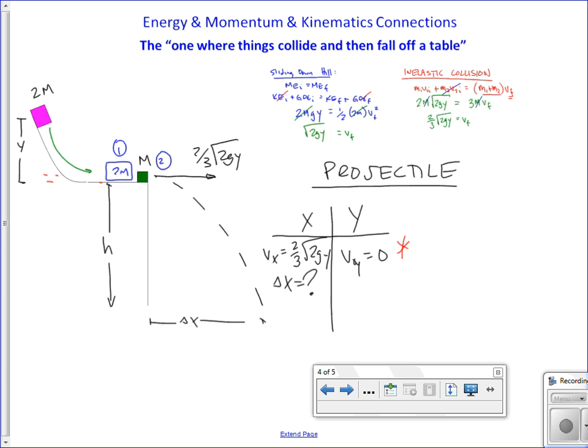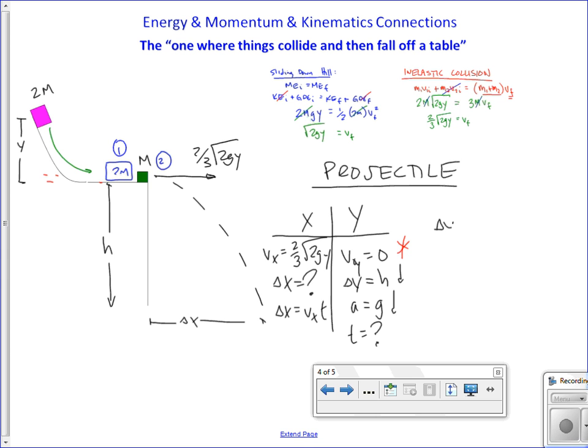The only way to find it is that. So we have to know time in the air, which means we're going to have to use the vertical direction stuff to find time in the air. Well, we know delta y is what we call h. We know a is g. These are both downward. And that's enough to write an expression, at least, for the time in the air.